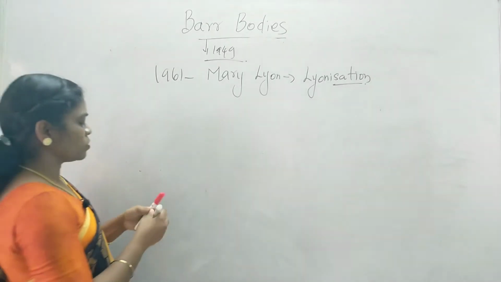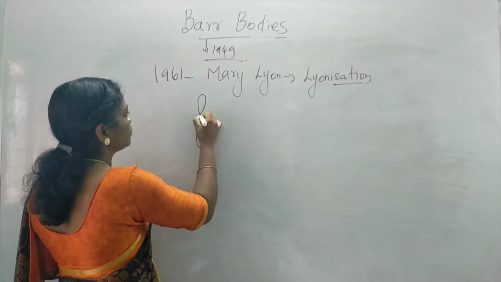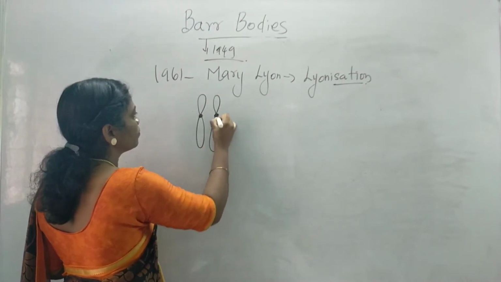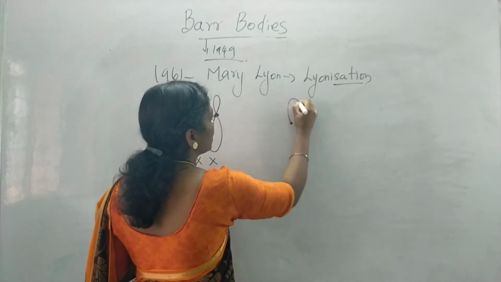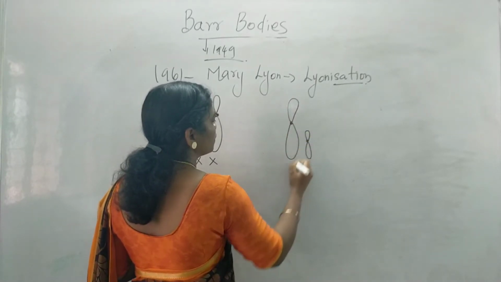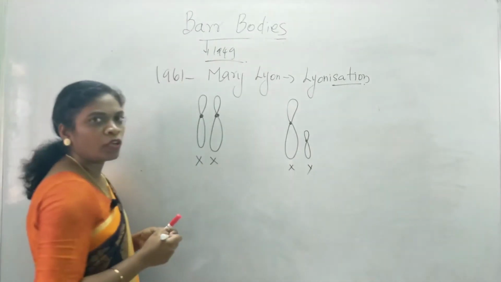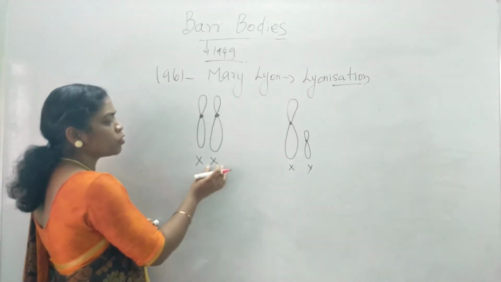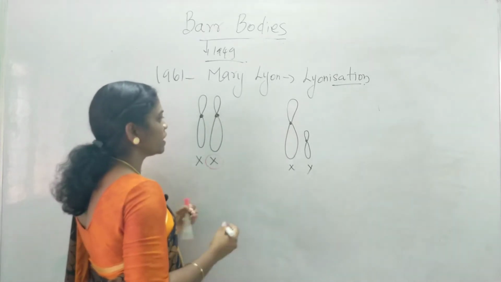If you take the X chromosome, XY, female and male, according to Mary Lyon's hypothesis, one of the X chromosomes in the female will get inactivated.